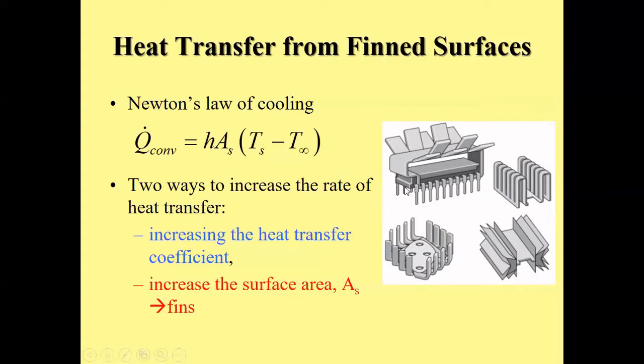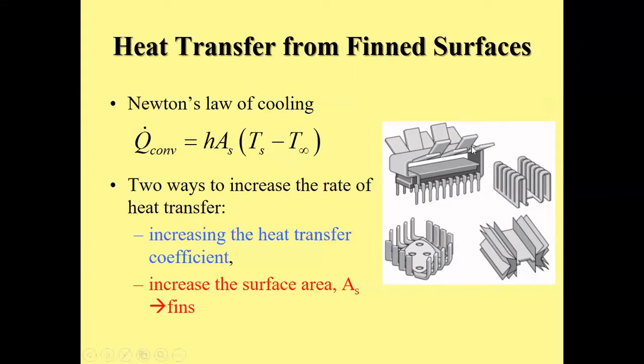Because we're talking about surfaces, we're looking at convection heat transfer at the surface. The heat is conducted within the body, then from within the body to the surface, and then from the surface to the environment. So we can use Newton's law of cooling as in this. You've seen this.